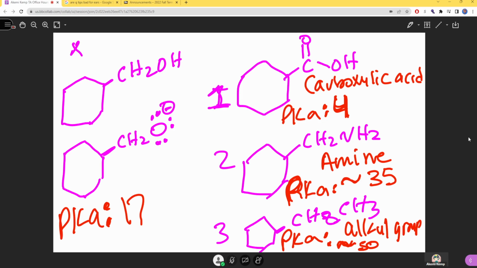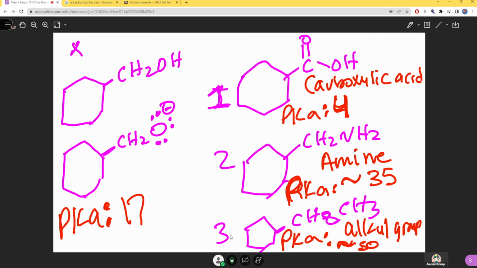So which one of these molecules here could this alcohol deprotonate? 1, 2, or 3? The pKa of the molecule you use to deprotonate has to be bigger than the pKa of the molecule you're trying to deprotonate.